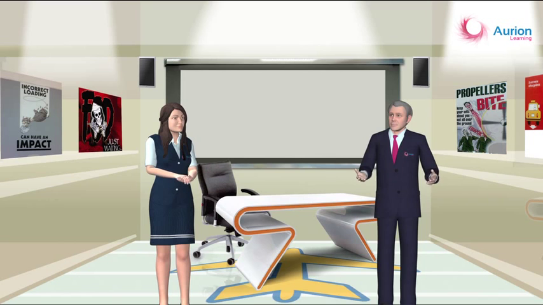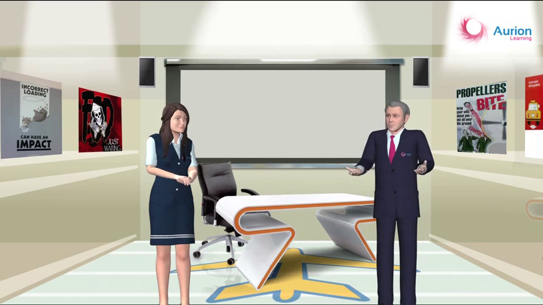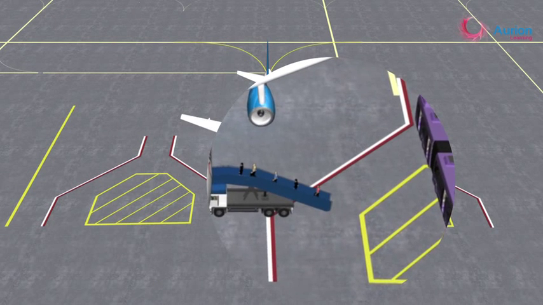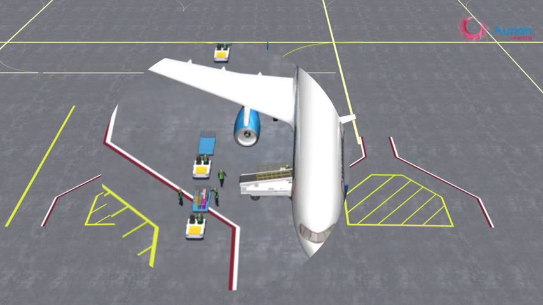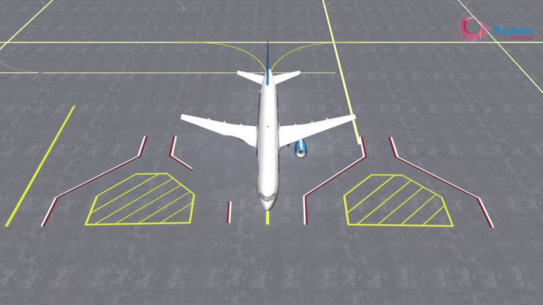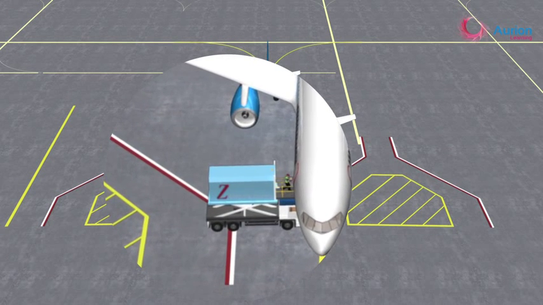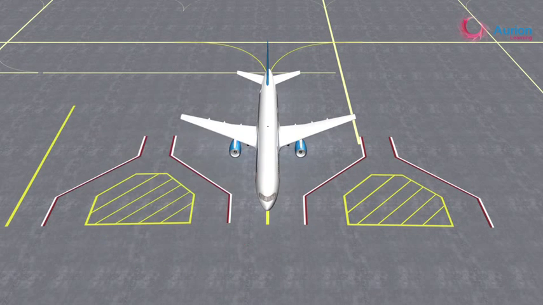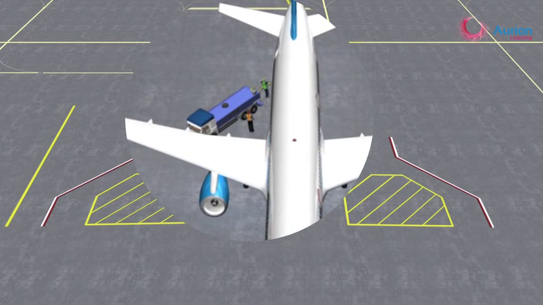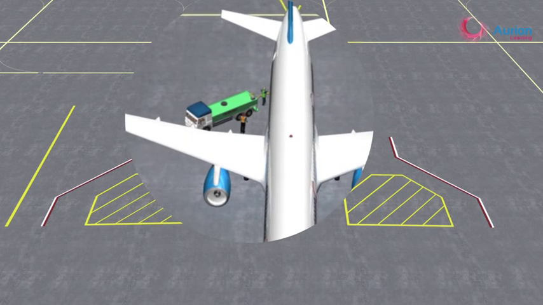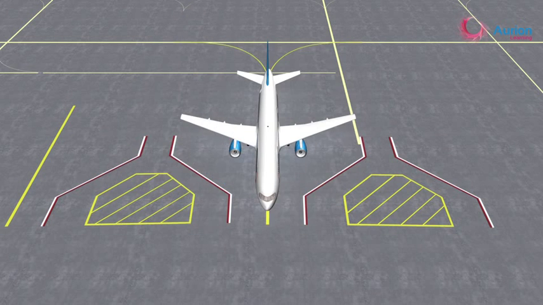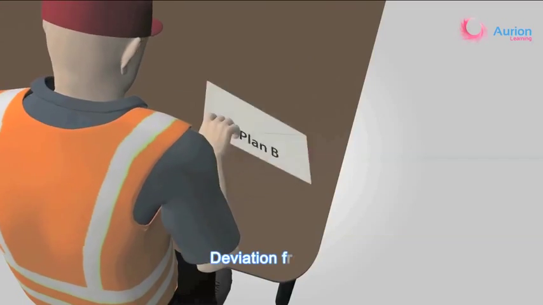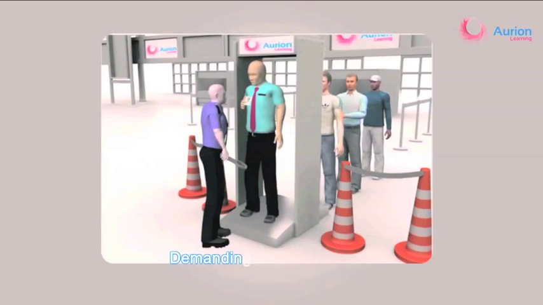However, the aviation industry also recognizes that despite planning for maximum load, due to the sheer number of entities involved in turnaround, delays may arise. Lack of information sharing, deviation from plan, and demanding security processes.